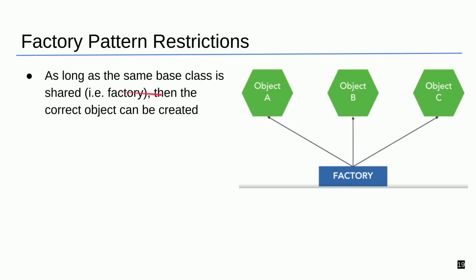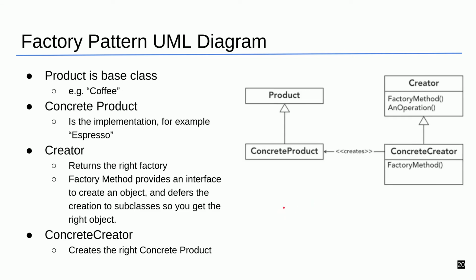This pattern works as long as all your classes, object A, object B, object C, are derived from the factory here. You'll have some sort of factory for creating objects, and this is the interface, and these all inherit from it. That way object A is a factory, object B is a factory, object C is a factory for whatever this type is. So we're going to make use of inheritance here.